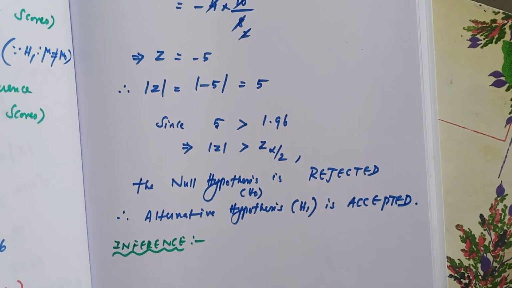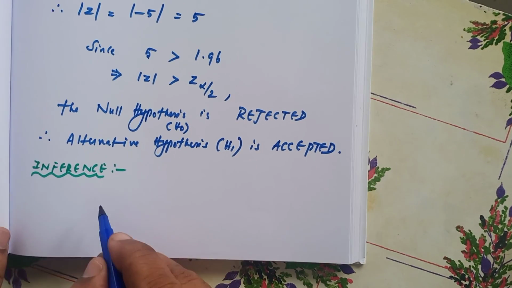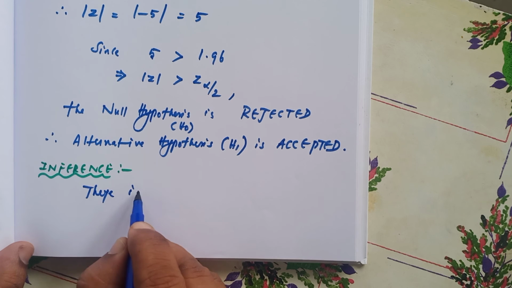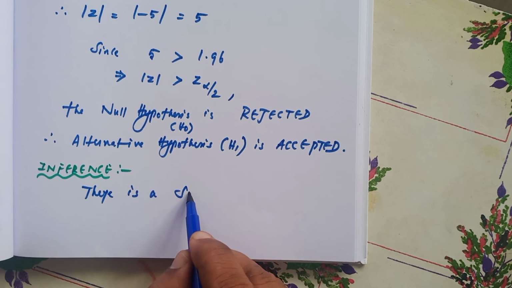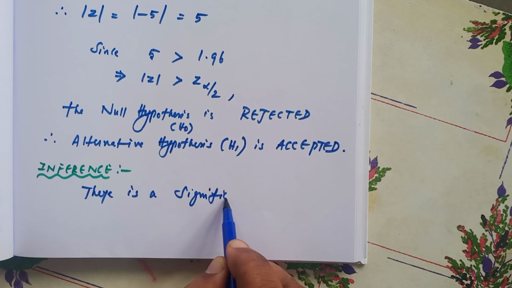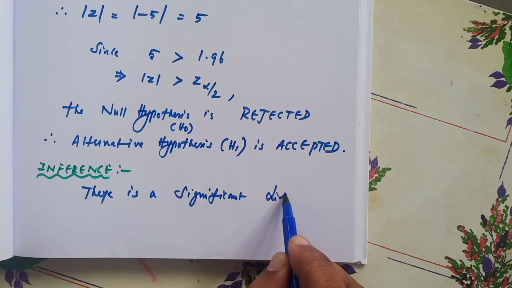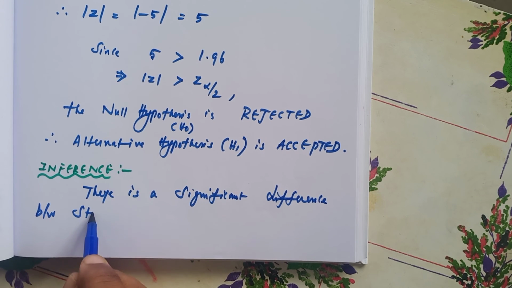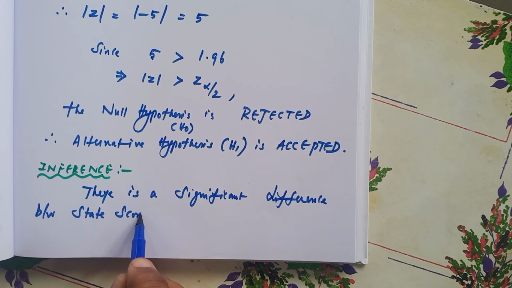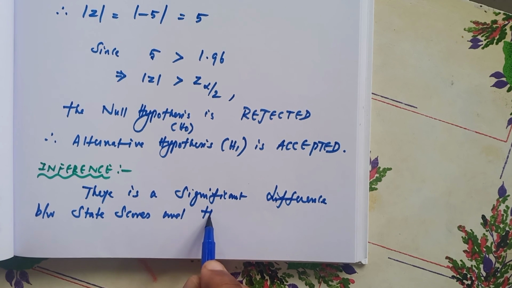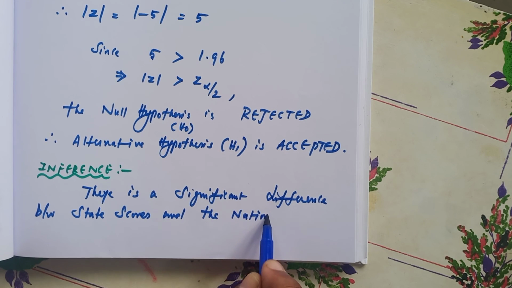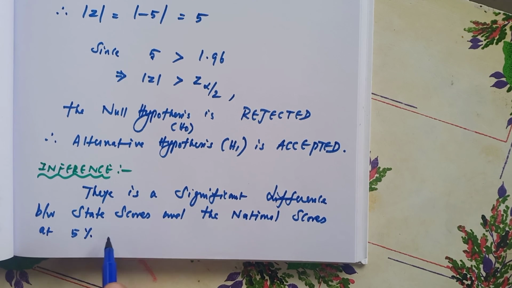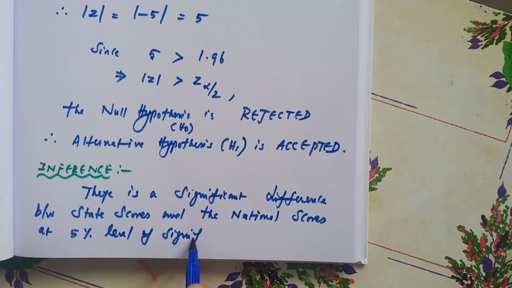We write the result: there is a significant difference between state scores and the national scores at 5% level of significance.